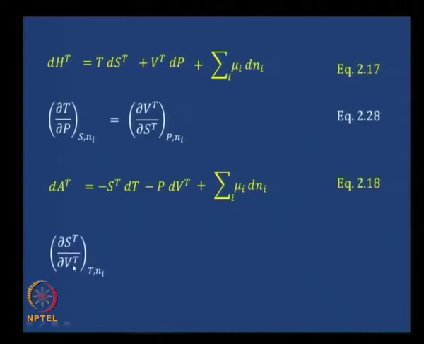Dou St by dou Vt, note both are minuses here, so you do not have to worry about it if you take these two. Dou St by dou Vt at constant T and all other ni equals dou P by dou T at constant Vt and all other ni. We will call this equation 229.